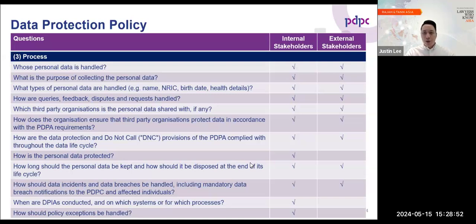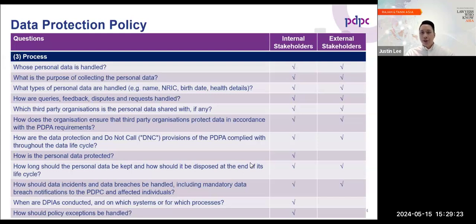The last point I want to zoom in on here is the second one from the bottom, DPIAs. DPIA refers to Data Protection Impact Assessment, and this is a fairly important but often overlooked facet of the PDPA. Under the PDPA, there are certain specific situations where you need to conduct a DPIA before you can do certain things.